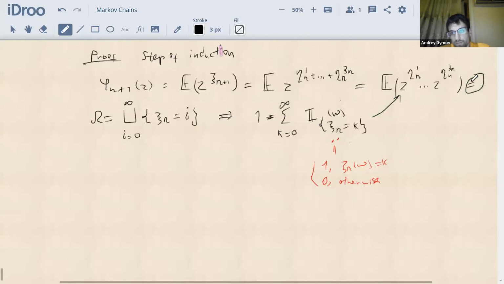Then I will obtain the following: the summation from k equal 0 to infinity of the expectation. I have the product as above.